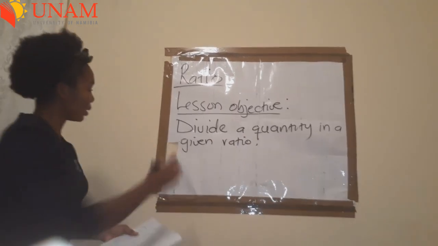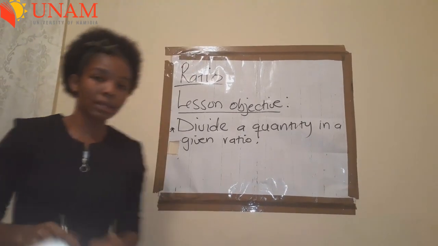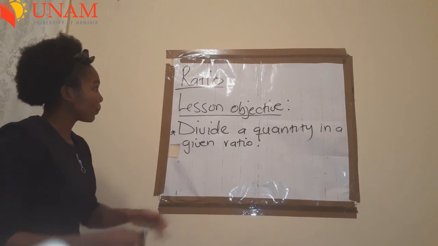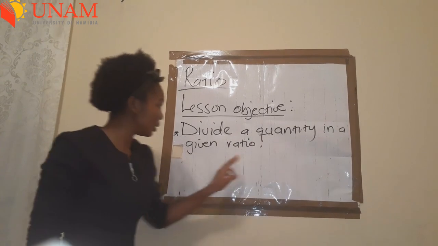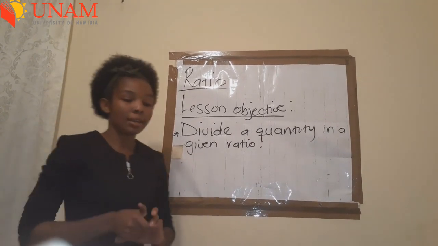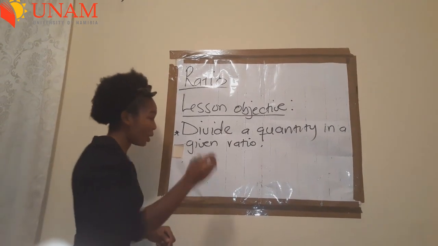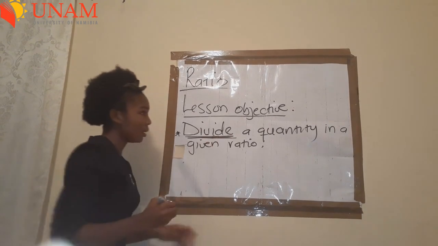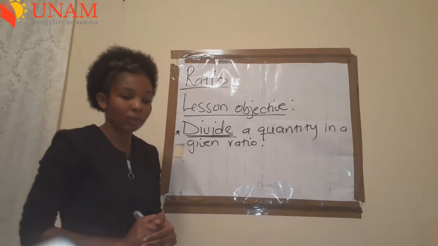That is our lesson objective. We are only going to look at one lesson objective for today's lesson. It says: divide a quantity in a given ratio. The main word here is divide.